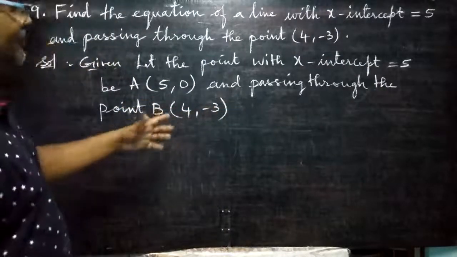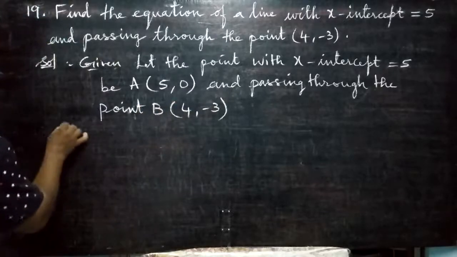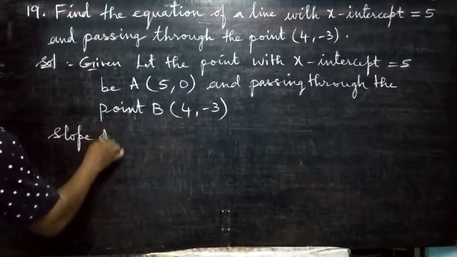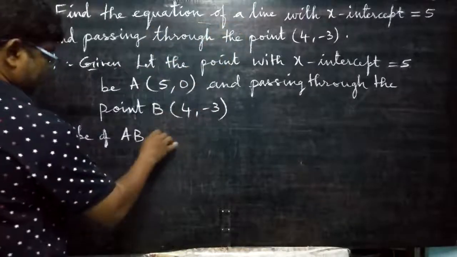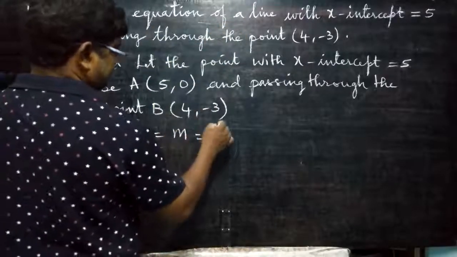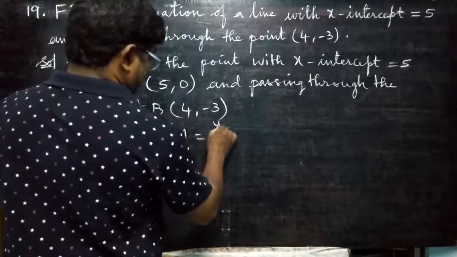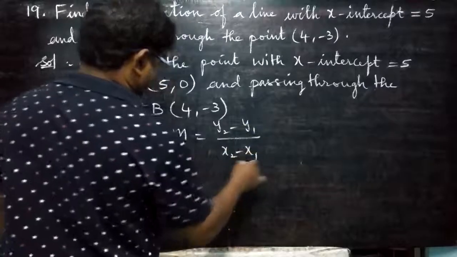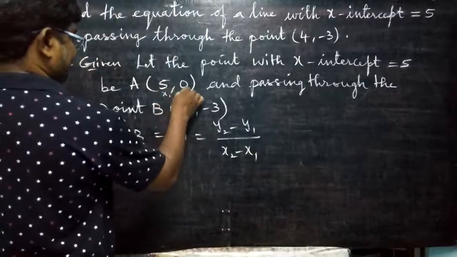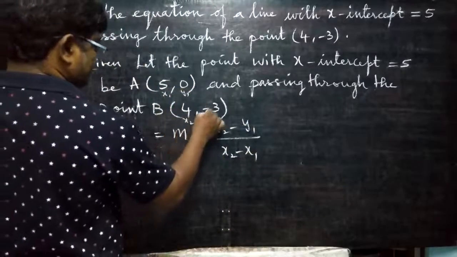Now 2 points are there. First find slope of AB, because they told to find equation of a line. We represent it as m, y2 minus y1 by x2 minus x1. Think A as x1 y1 and B as x2 y2.